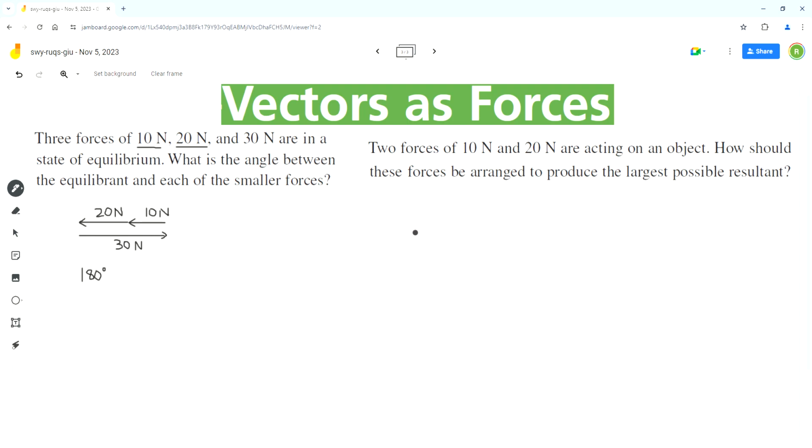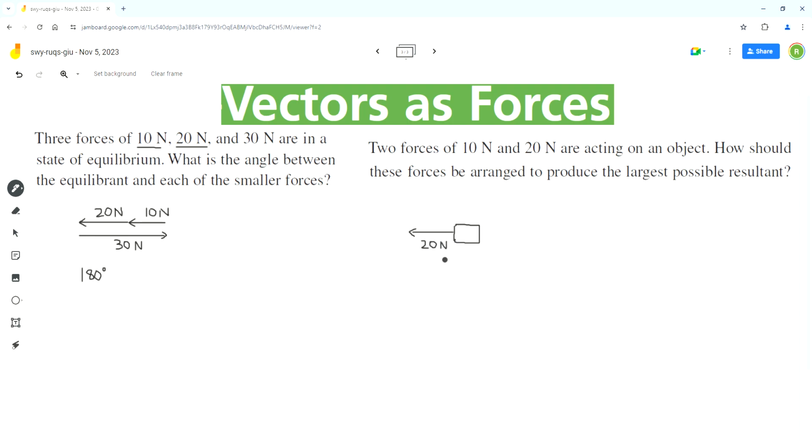Now we know that there are different ways in which we can arrange the two forces that are acting on an object. So one possible way is that they are acting at an angle to the object. So let's assume this box represents the object and this is the 20 Newton force.